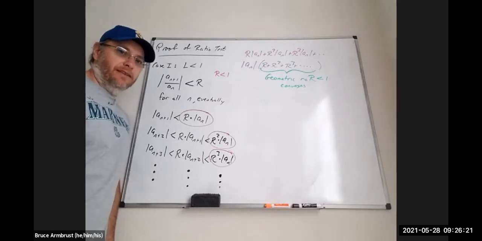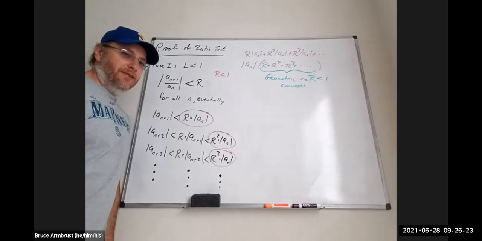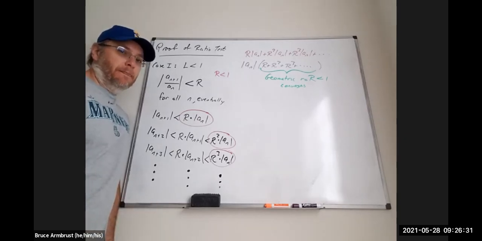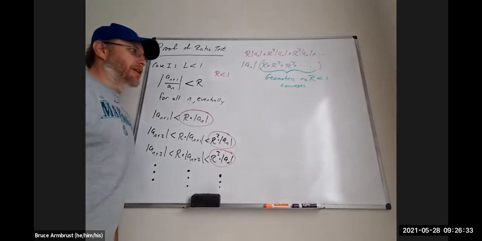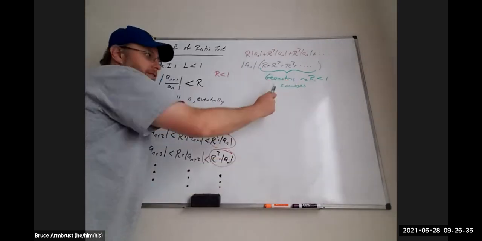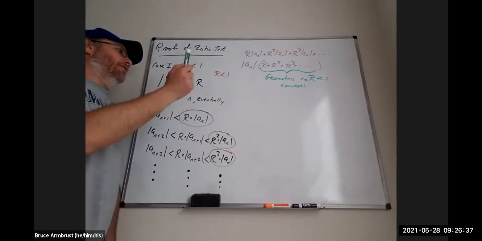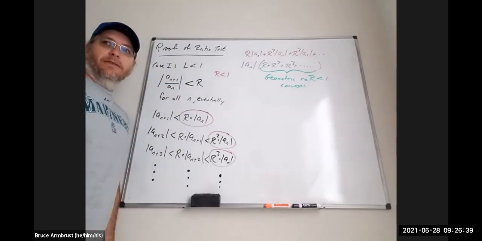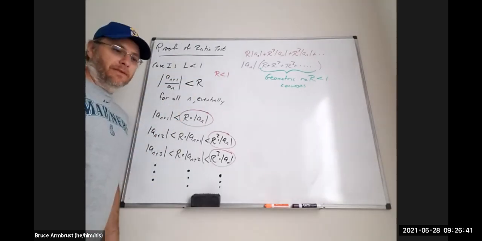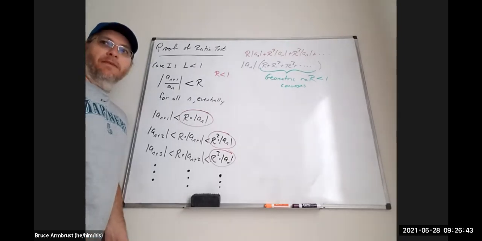Okay. Well, we've pretty much proven the ratio test, or at least this part. What's the last link? What's the last link to jump from this thing converges to our original series convergence? Do we set them equal?